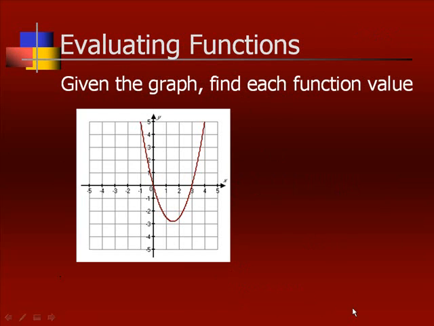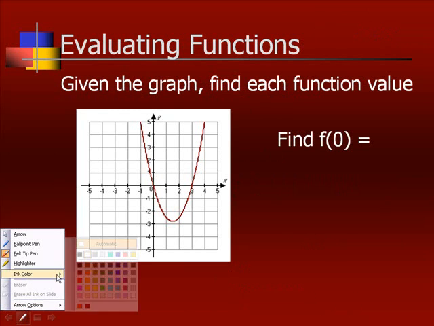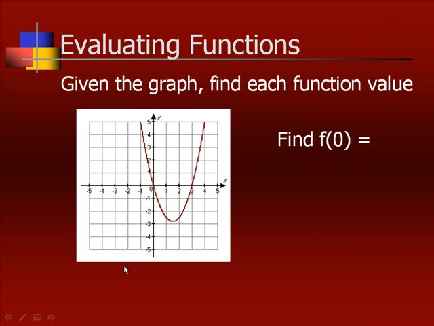Okay, on a graph, if we don't have a formula to plug into, same idea. Let me go back to ink. Okay, f of 0 means find the ordered pair on the point that has an x value of 0. Well, here's where x is 0. What's the y value for that ordered pair? 0.